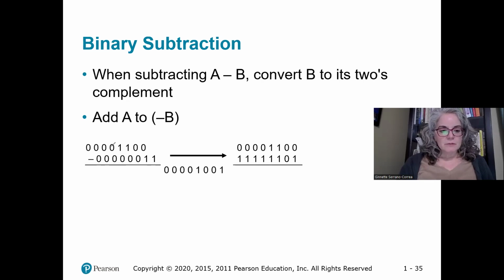So we have 0, 0, 0, 1, 1, 0, 0. Okay, so first of all, let's look at the 2's complements of 1, 1, 0s.